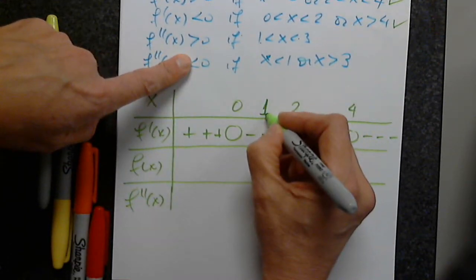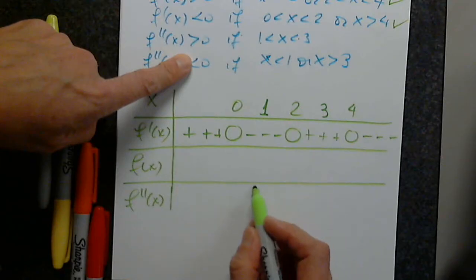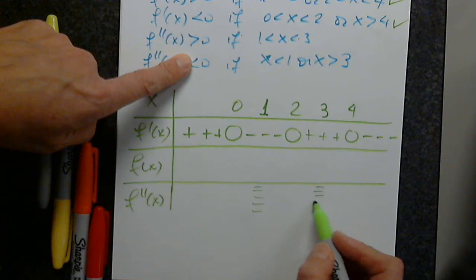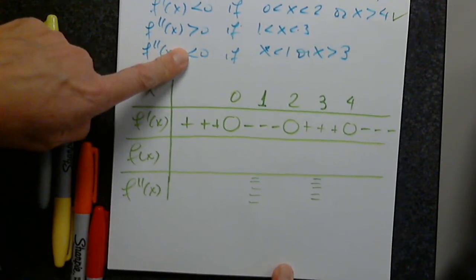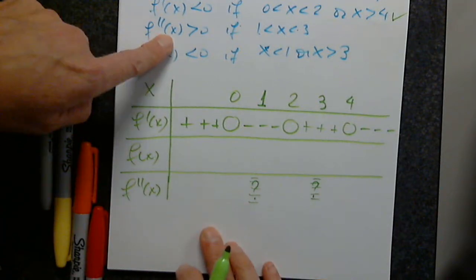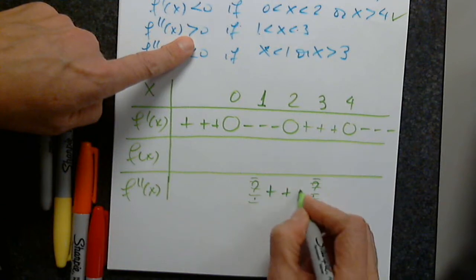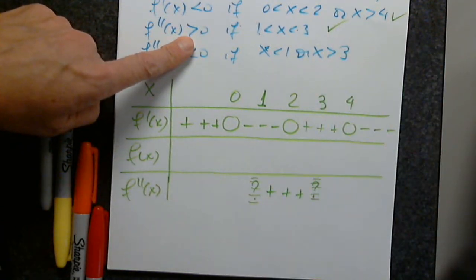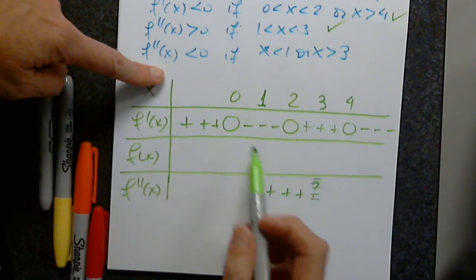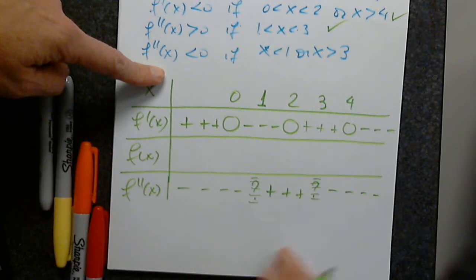Now I have to insert a 1 and a 3 according to this. So I don't know anything here, what's happening. Okay, I have no idea. But I do know that the second derivative is positive for x between 1 and 3. Done with that. And it's negative to the left of 1 or to the right of 3.